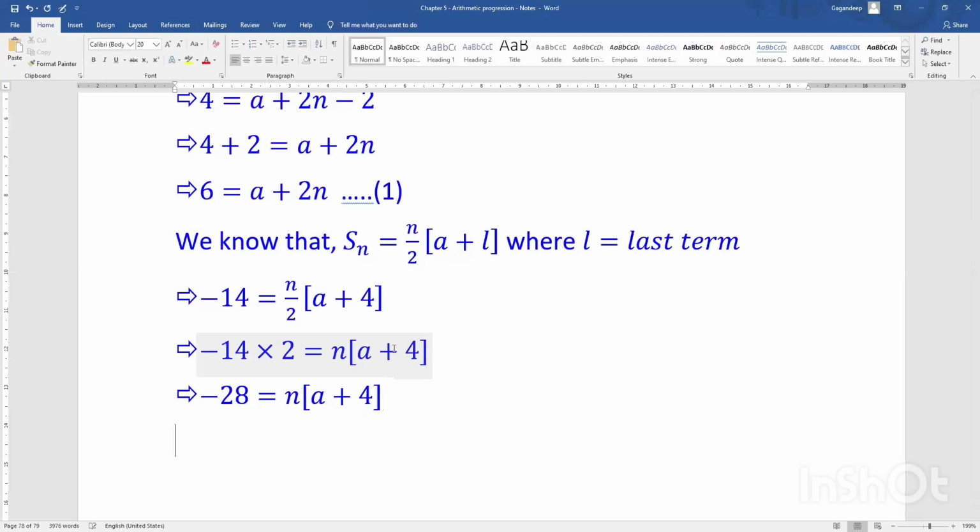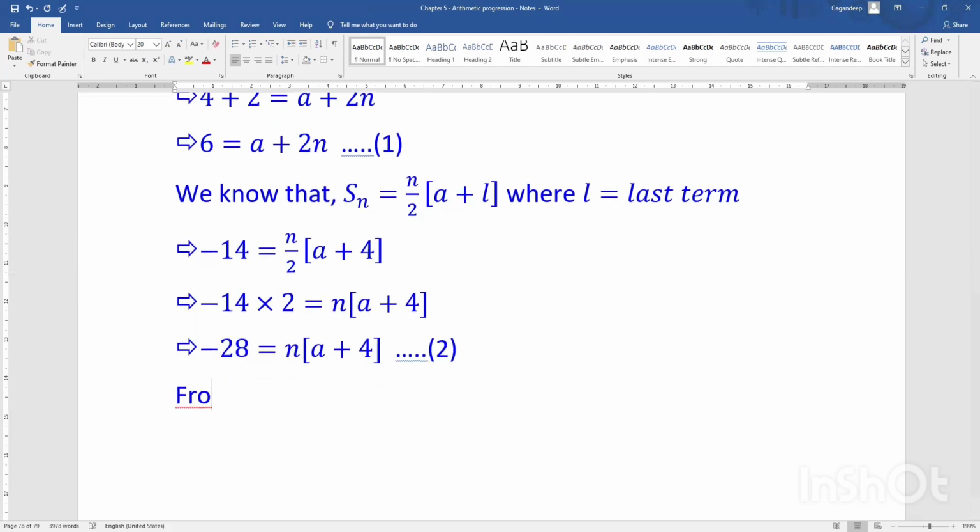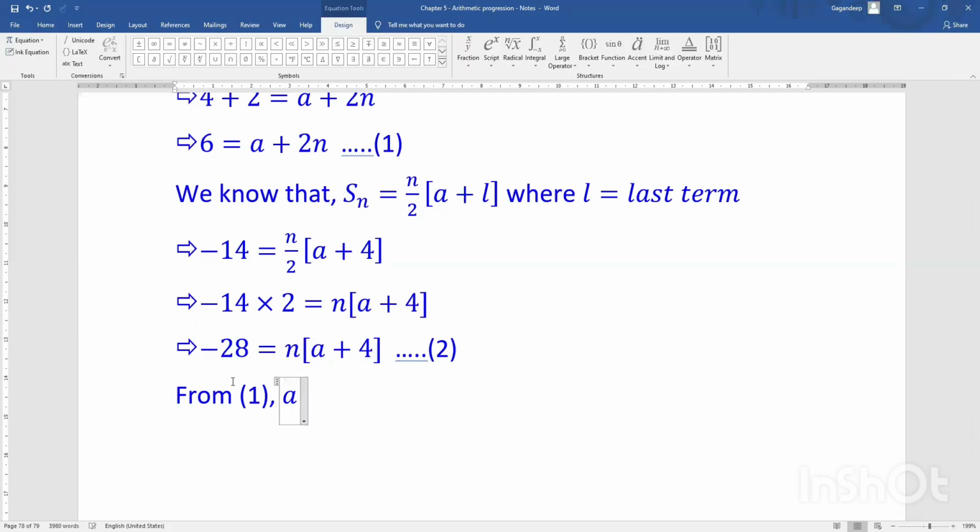Now from 1, what is the value of a? Let me write it. I call this one equation 2. From 1, we have a equals 6 minus 2n.